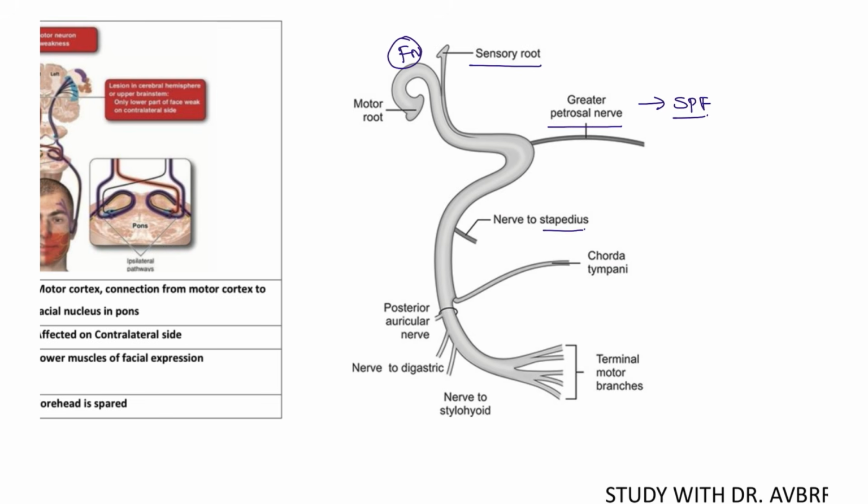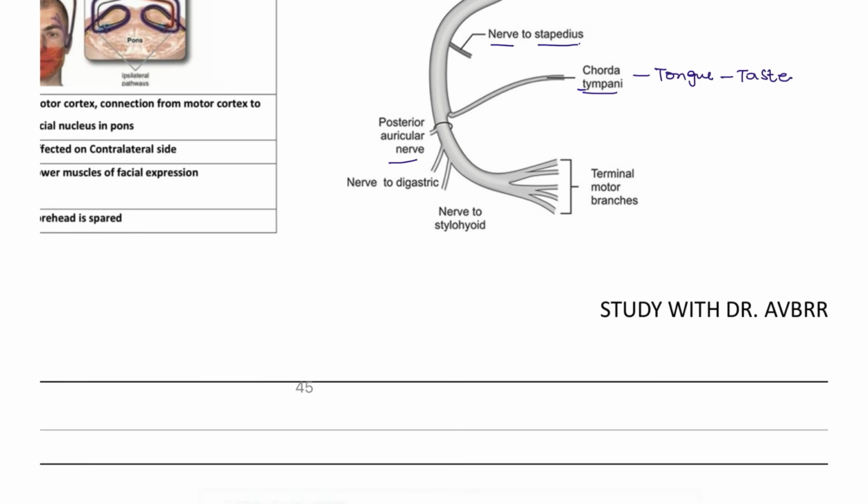For the stapedius muscle, it gives a small nerve, the nerve to stapedius, and the chorda tympani is for the tongue supply. T for tympani, T for taste. After the posterior auricular nerve, it gives the facial branches.